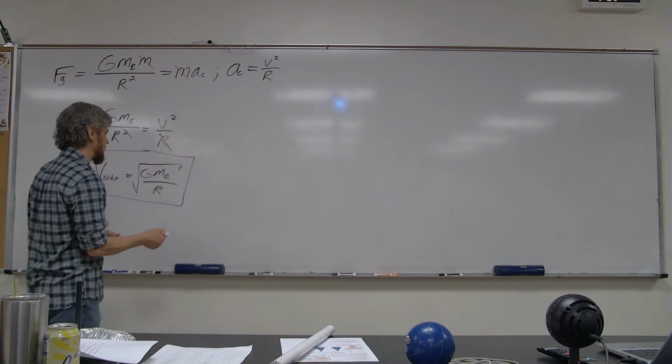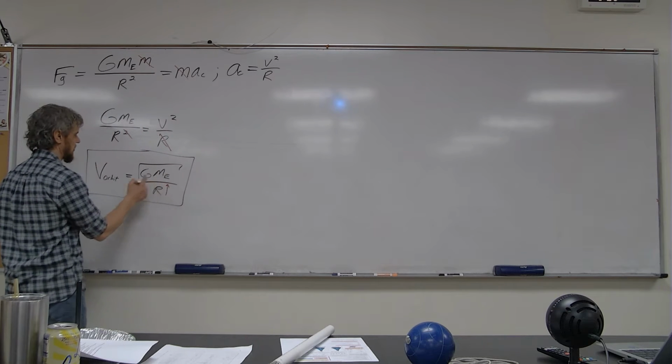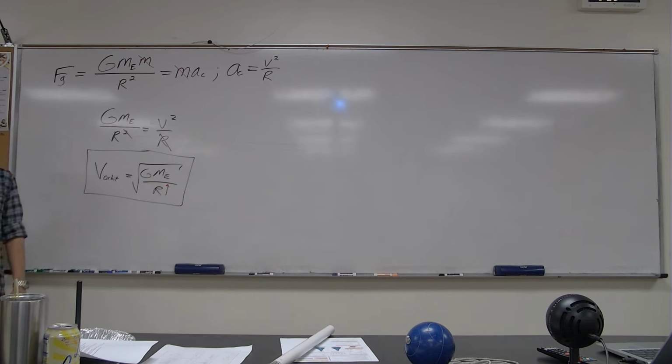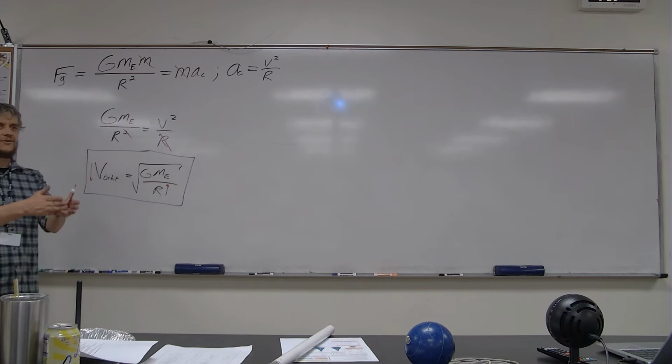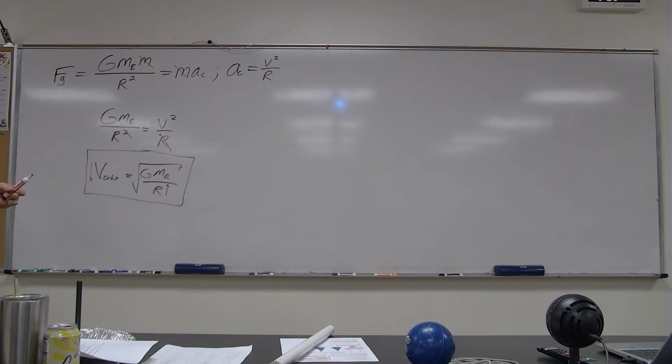If I increase r, what's going to happen to the orbital speed? It has to decrease. R is in the denominator. Yes, it's under a root symbol, but it's under a root symbol in the denominator. So if it increases, this guy's got to decrease. So your bigger orbital distance, the farther you are away, the slower you're going to go. Sound good?